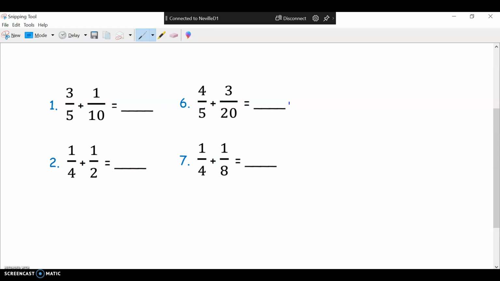Our least common multiple, remember multiples are our count bys, our products. Jeremy? 20. So I need to change both of those fractions to have a denominator of 20. So 4/5 would turn into 16/20. So my final answer would be 19/20.